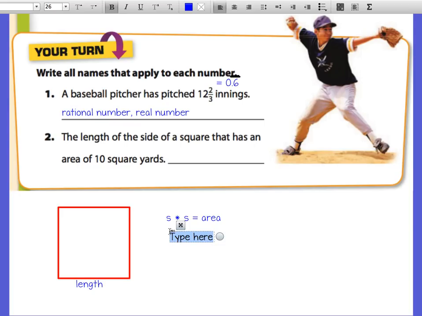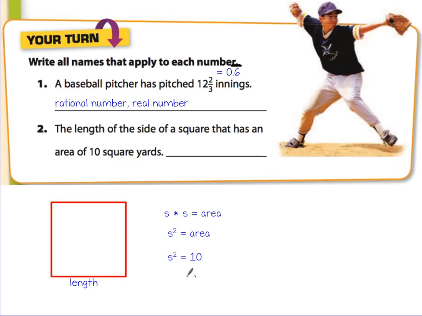That also means that it is side squared equals area. So let's put that in terms of what we know now. We know that the side squared is equal to 10. So to solve this, I'm actually going to copy and paste this one more time.